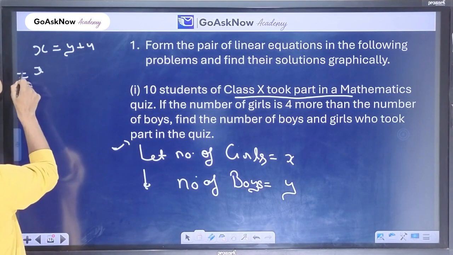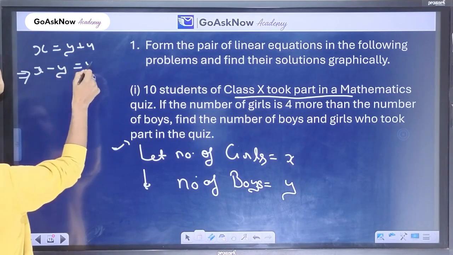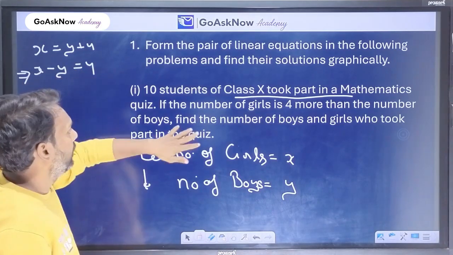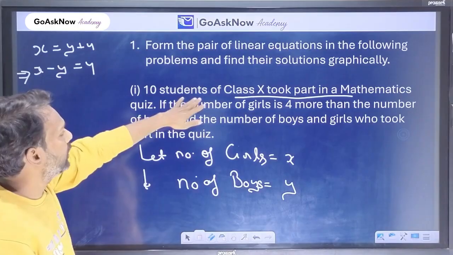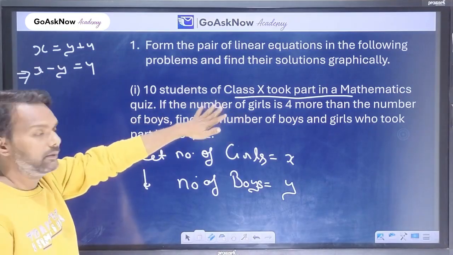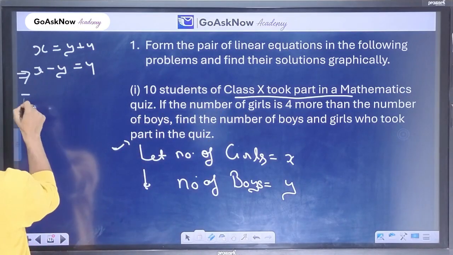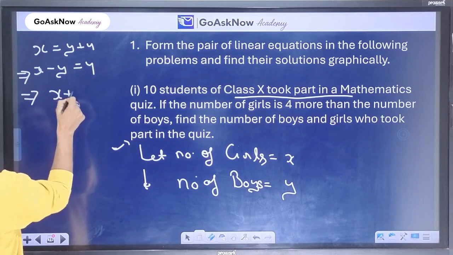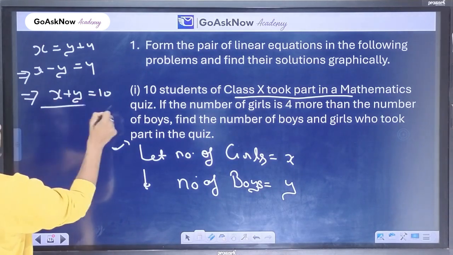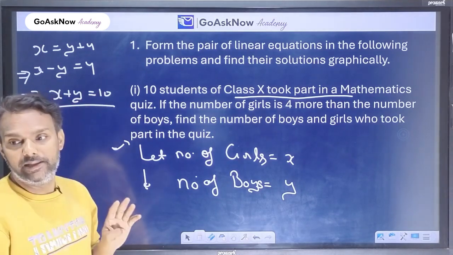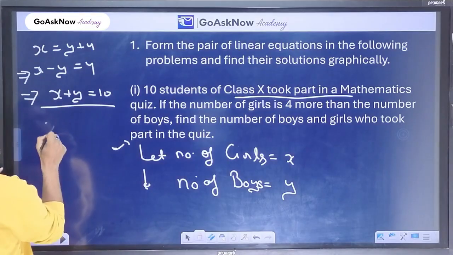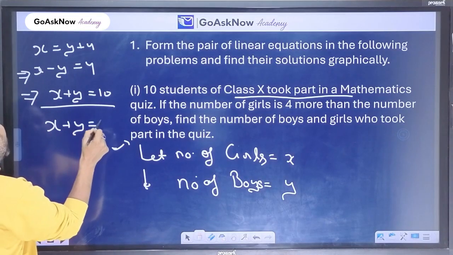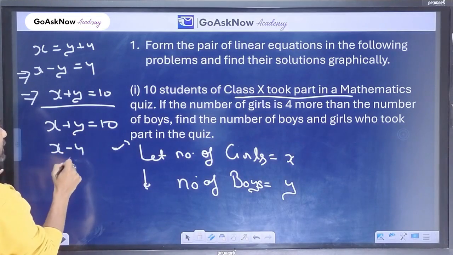Okay, this represents x minus y equal to 4. Next, 10 students of class 10, so the total number of students is 10. Then x plus y is equal to 10. So we get two equations: x plus y is equal to 10 and x minus y is equal to 4.